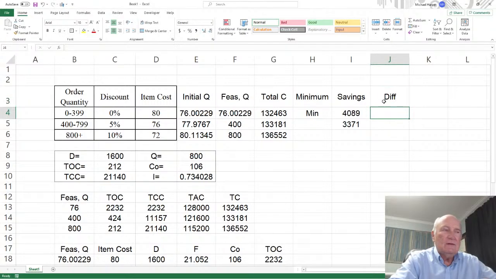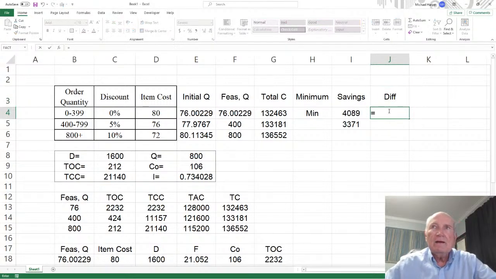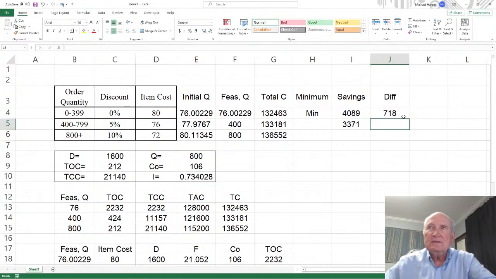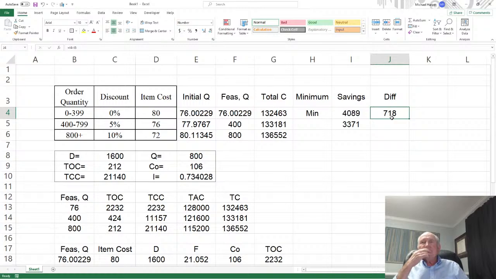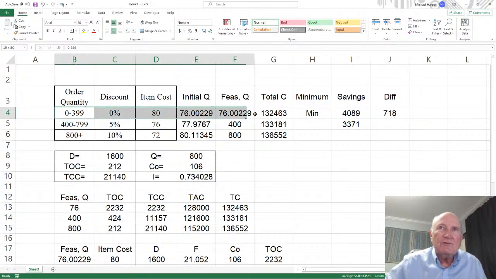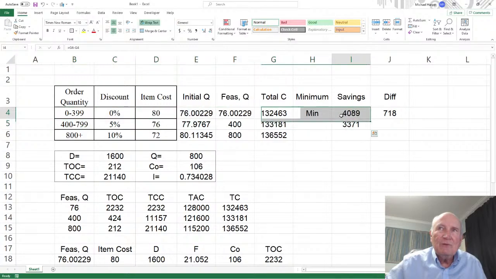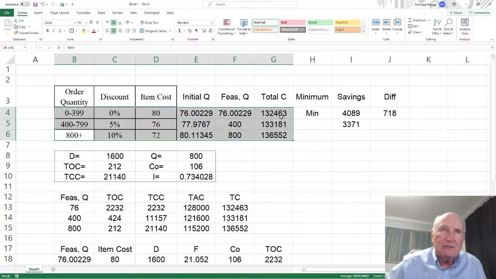Just say diff. That's going to equal this minus this. The difference is $718. So you're saving $718 more going with the first category versus the second category, but you're saving over $4,000 going from what the manager's doing down to the minimum.